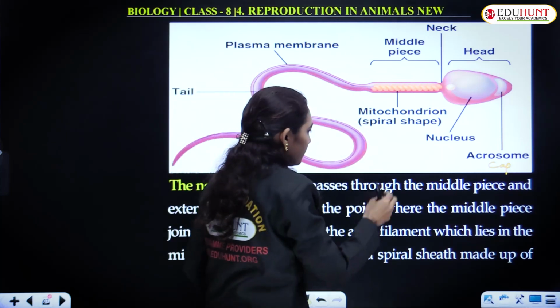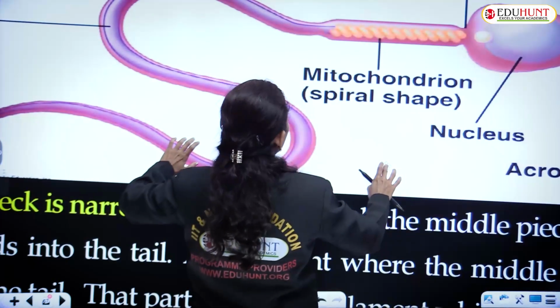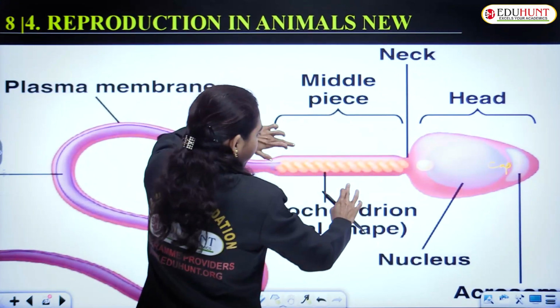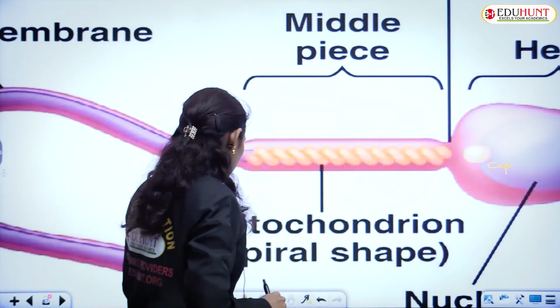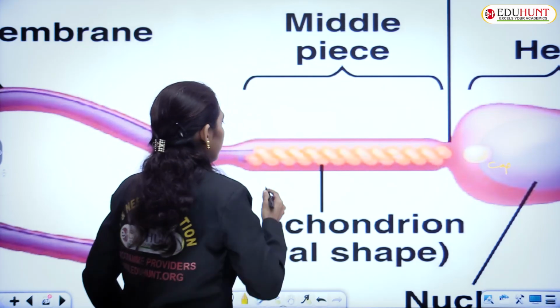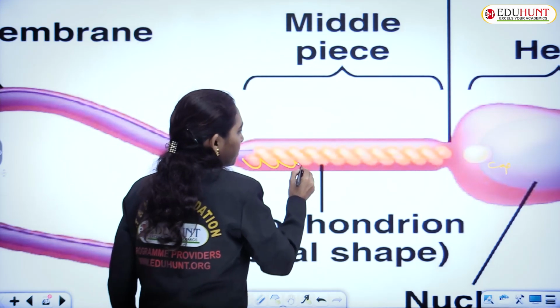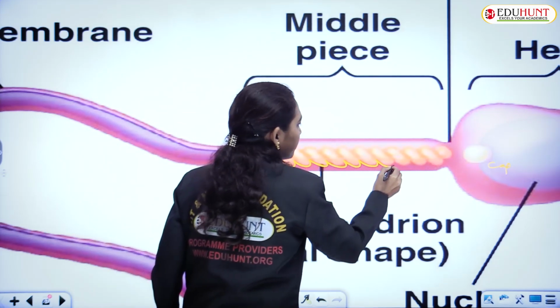You can see the picture clearly. These are the spiral structures called the Nebenkern sheath.